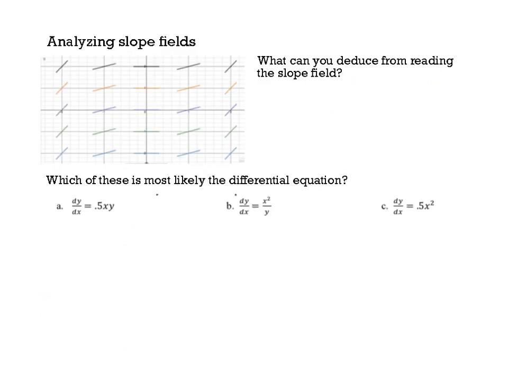All right, next we're going to look at analyzing slope fields. So if you're given a slope field, what kinds of things can we deduce? Can we find our differential equation that's representing that slope field? So first, let's look at this one. What can you deduce from reading this slope field? One thing you're going to want to look at is, if I went through a point, here's where I level off, and then it looks like the slope gradually increases and then decreases on either side there.